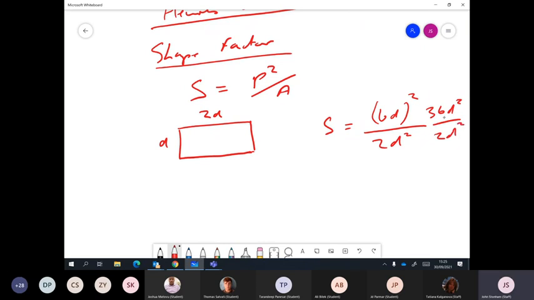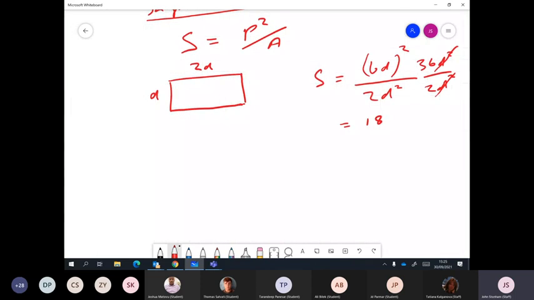The D's cancel, the size is eliminated, and the answer comes out to be 18. And if you compare that to the example I gave you last week, which was a perfect square, the square was 16, and the circle was 4 pi, which was approximately 13. So a different shape, a different shape factor.